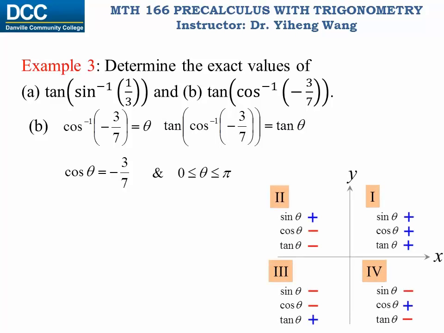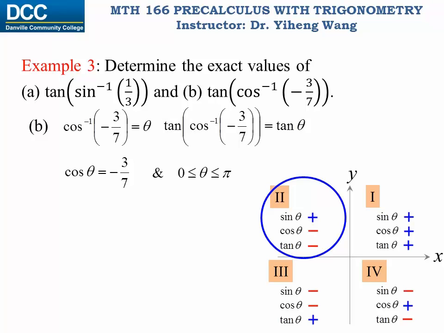Therefore, theta must be in either quadrant 1 or quadrant 2, or it could be along the x-axis. But since cosine theta is negative 3 over 7, that narrows it down so that angle theta can only be in quadrant number 2. Therefore, we can tell that tangent theta in quadrant 2 is also negative.